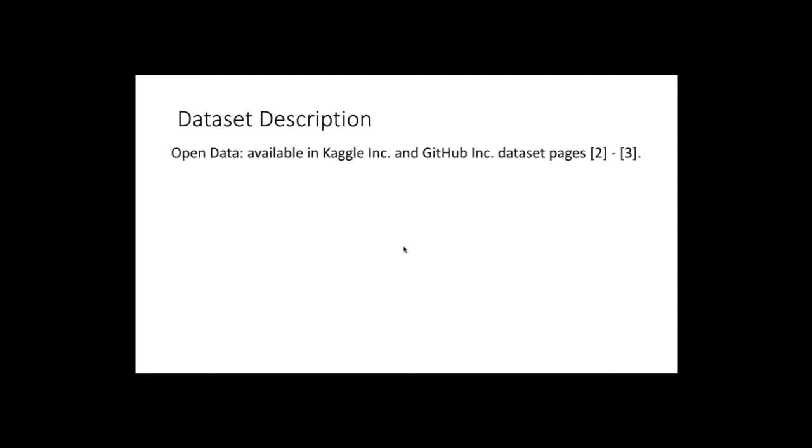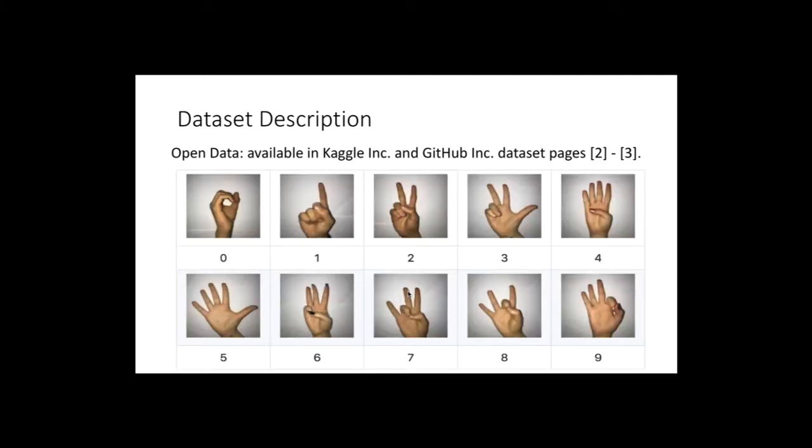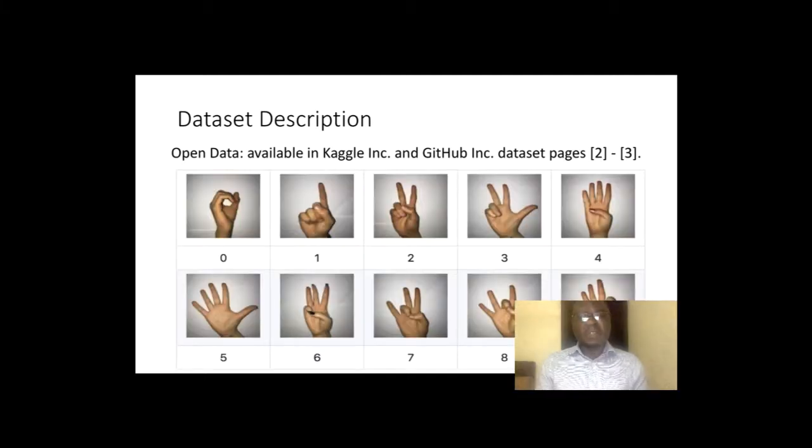My use case dataset is obtained from the Open Data project, and it exists in two versions. The pre-processed version, which is available on Kaggle, is the sign language digits images, while the original images exist on a GitHub page. It is a sign language digits dataset donated to the Open Data project by a high school student in Ankara, Turkey.